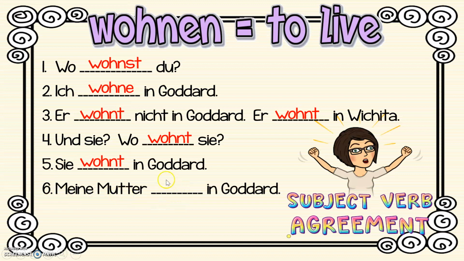And you're not quite sure how to conjugate for my mother. So imagine yourself, if you take this out of the sentence and replace this with a pronoun, what pronoun would you replace this with? My mother lives in Goddard. She lives in Goddard. So that tells us how we're going to conjugate for my mother. So again, he, she, it, wohnt.